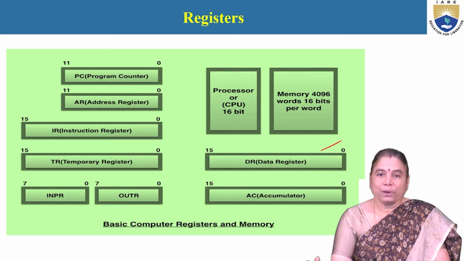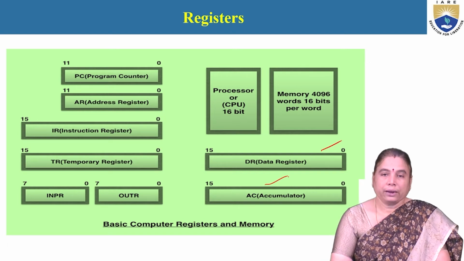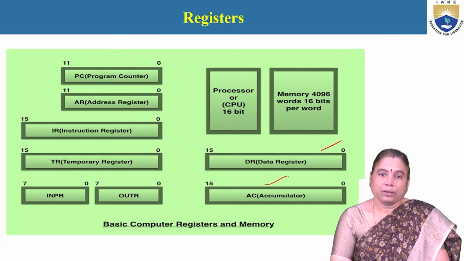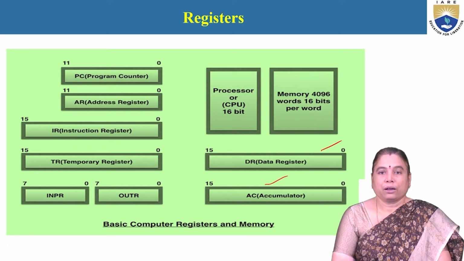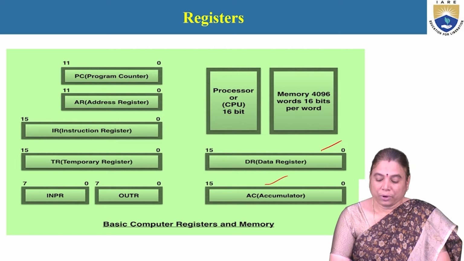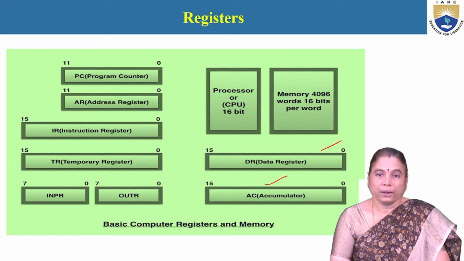Next is the accumulator, which is represented with AC and is 16-bit. The accumulator register is generally used with the arithmetic logical unit for processing. To perform arithmetic or computational processing, the accumulator can hold one of the operands of the computational activity.